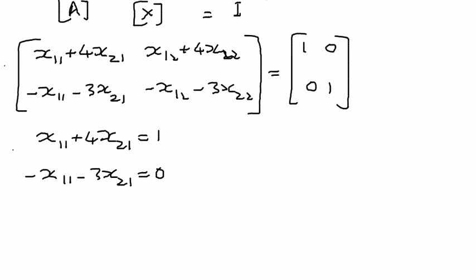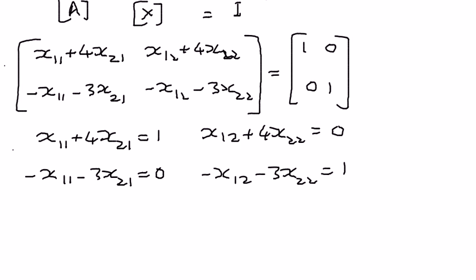These are the elements we have on the identity matrix, and therefore we're going to equate them to those. Similarly, we have x12 plus 4x22 is equal to 0, which is on the identity matrix, first row, second column. And then in the second row, second column, we have negative x12 minus 3x22 is equal to 1. So we have 4 equations. If we were to solve these, we should be able to find the values of x11, x12, x21, and x22.